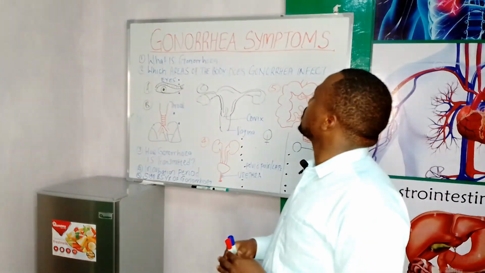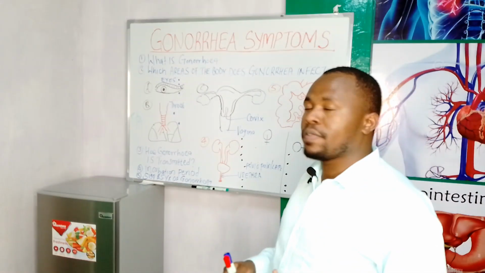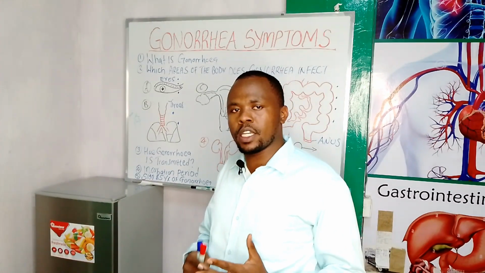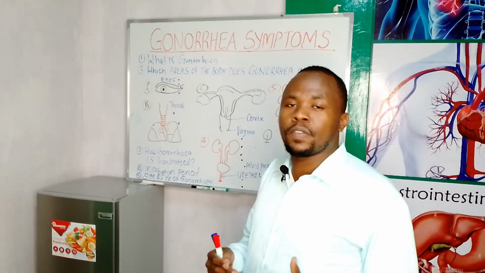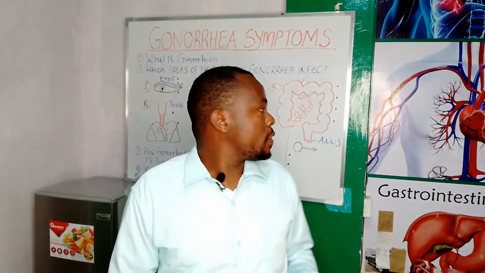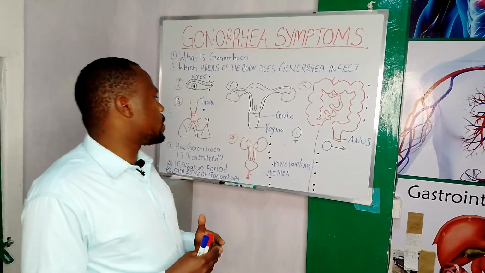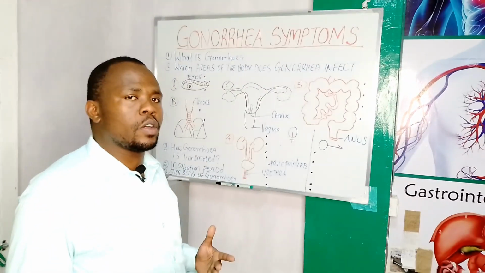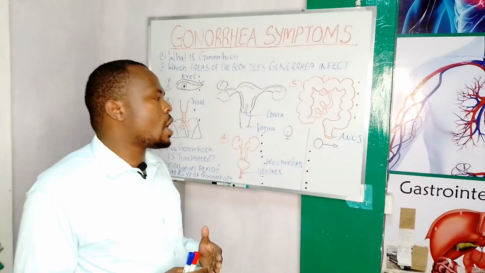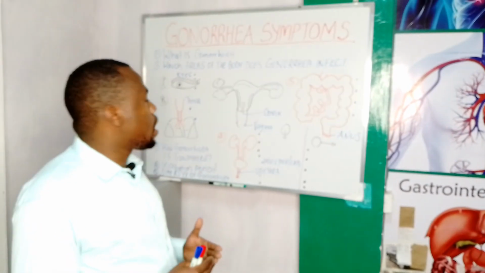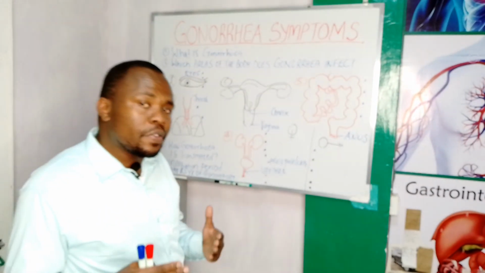Which areas of the body does gonorrhea infect? Gonorrhea affects your eyes, it infects your throat, your cervix, your vagina, your urethra, and your anus. So, how does gonorrhea infect your eyes?